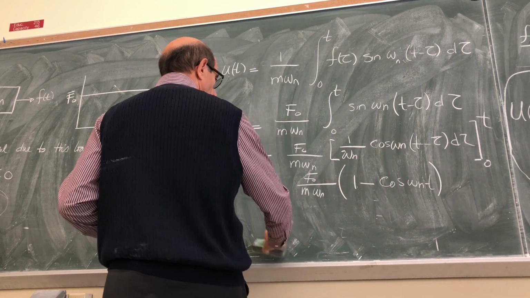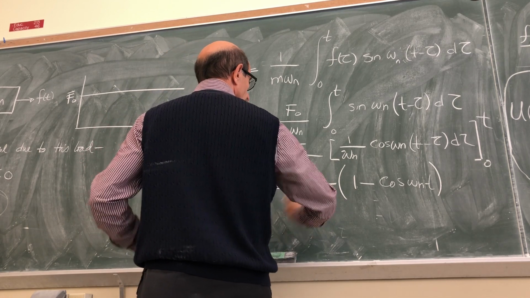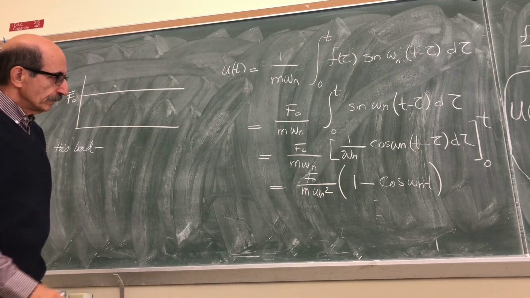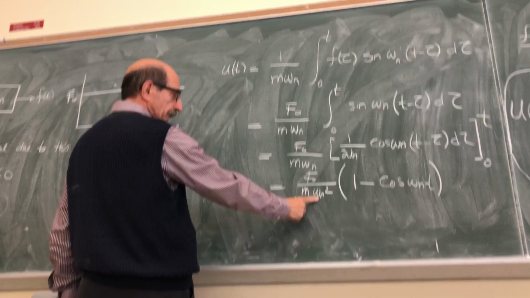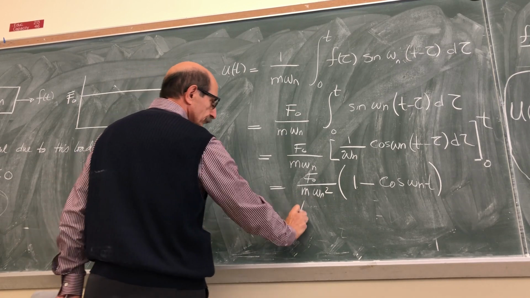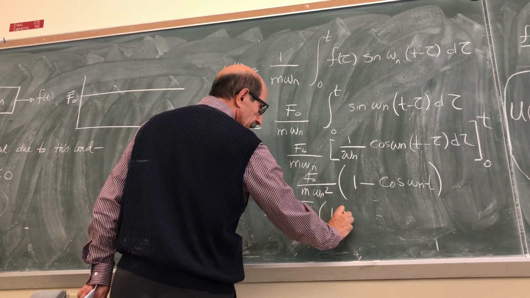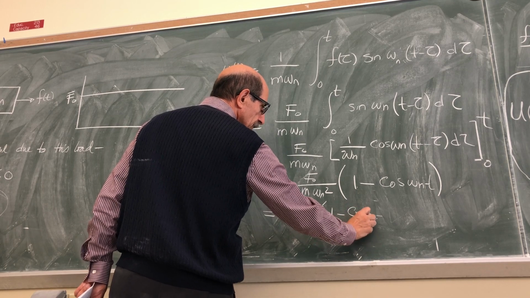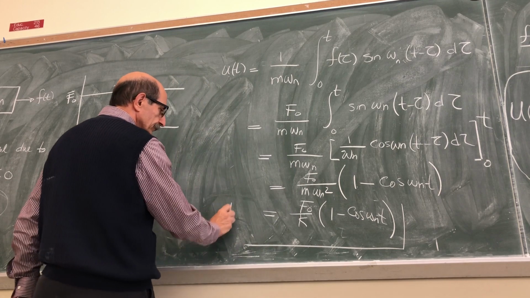Oh, actually, F0 over m omega n squared, I'm sorry. Or, in other words, if you substitute for omega n squared, you get F0 over k times 1 minus cosine omega n t, right? This is u.